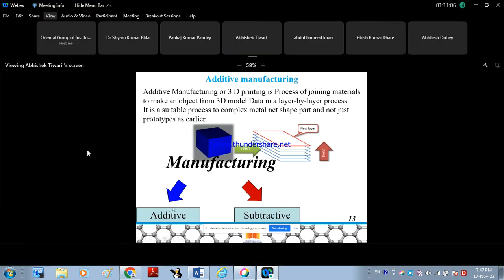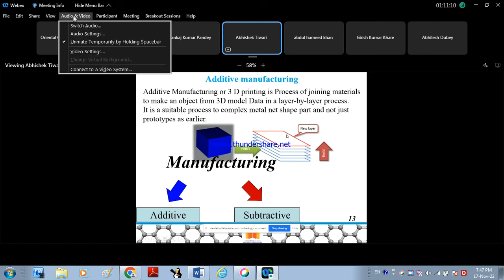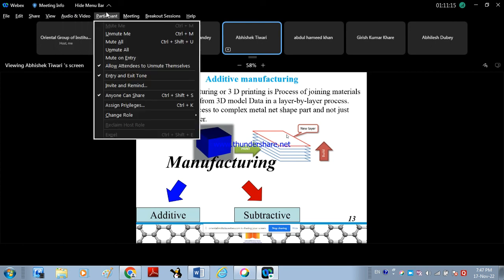In additive manufacturing, we print layer by layer, and for any component, first we make 3D model data, a stereolithographic file, STL file, and then we do slicing, and then it can create a G code or M code, and then it can print using the machine. So we will give the print command, and then it will print a 3D print.